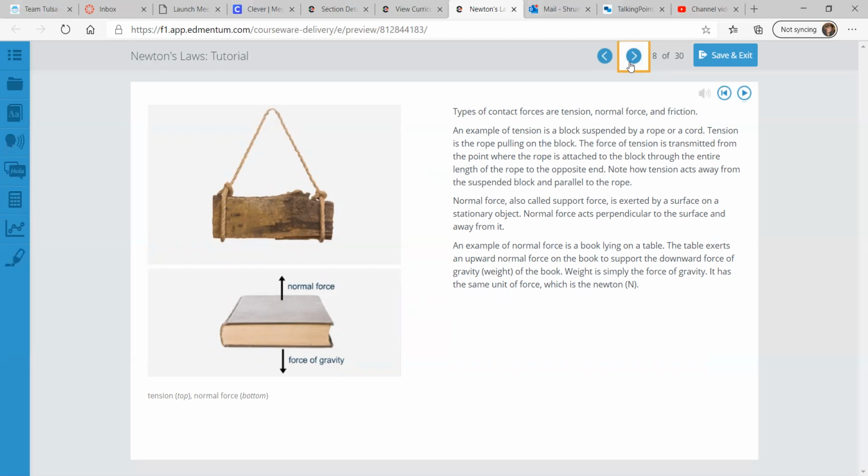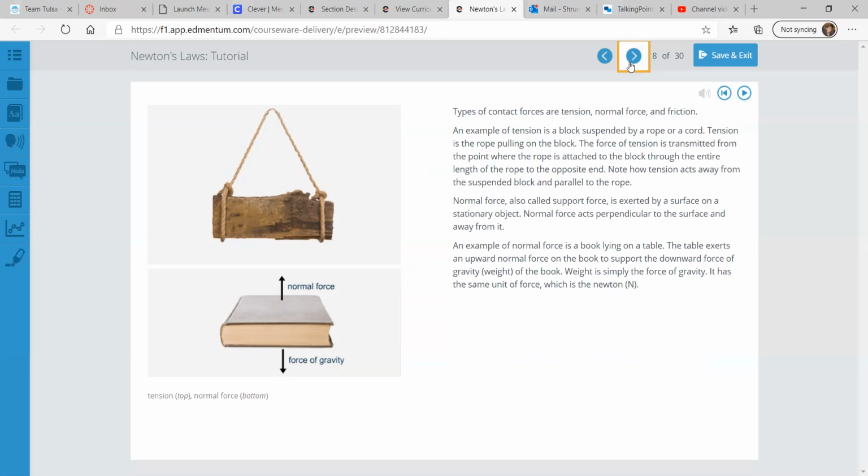Normal force, also called support force, is exerted by a surface on a stationary object. Normal force acts perpendicular to the surface and away from it. An example of normal force is a book lying on a table.